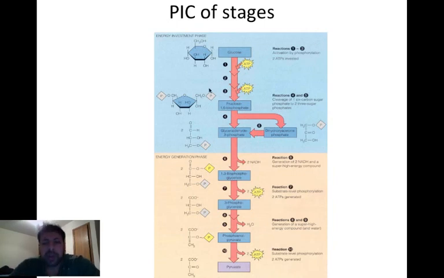So when we start out with glycolysis here, we're starting out with glucose, and we are going to have 2 ATPs being used to energize this process to initiate the breakdown of glucose.